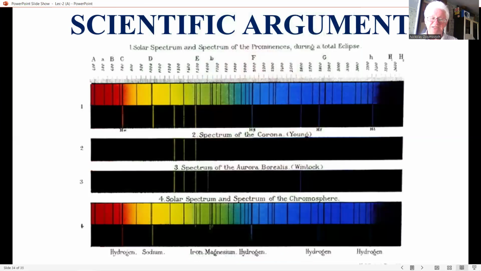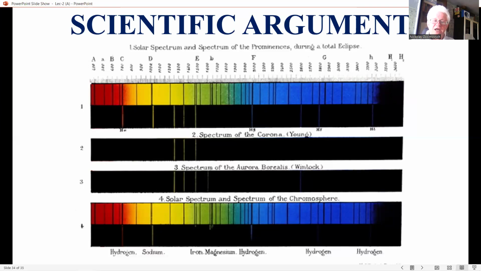What evidence leads astronomers to conclude that temperature increases with height in the chromosphere and corona? Scientific arguments usually involve evidence, and in astronomy, that means observation.